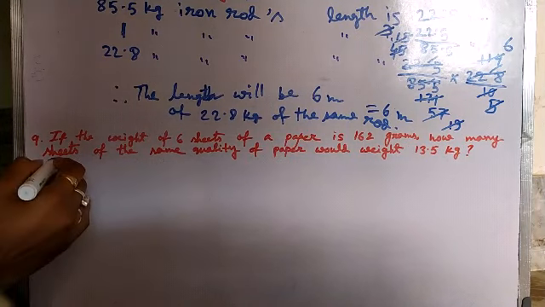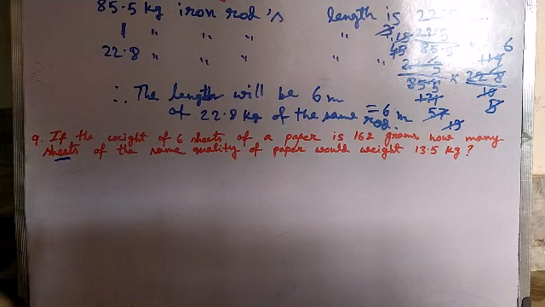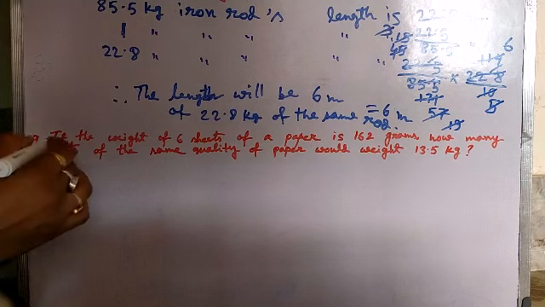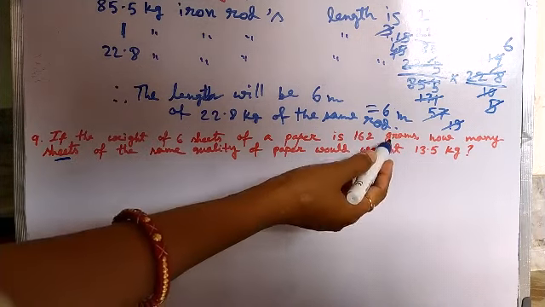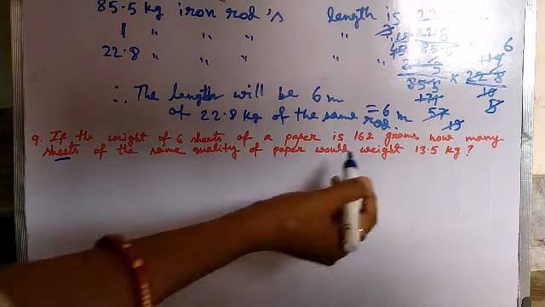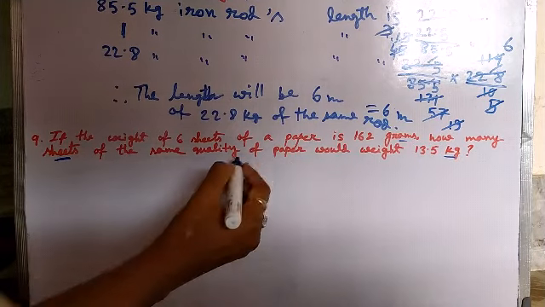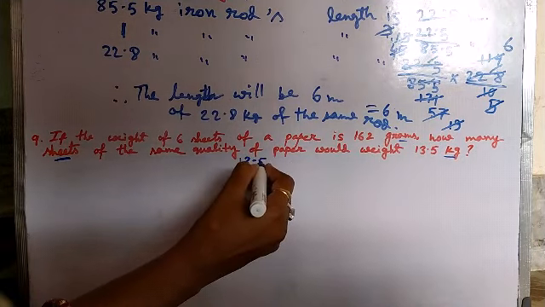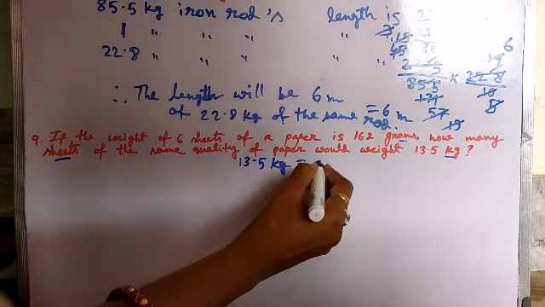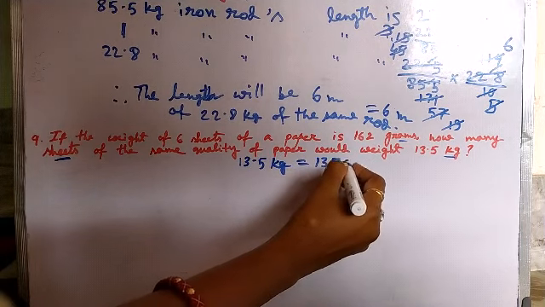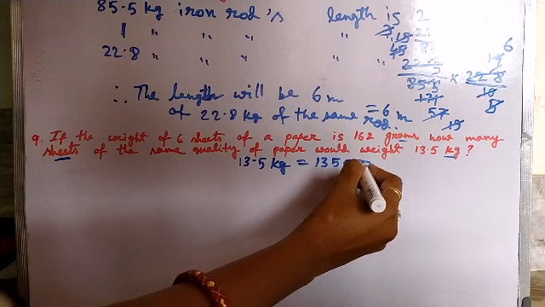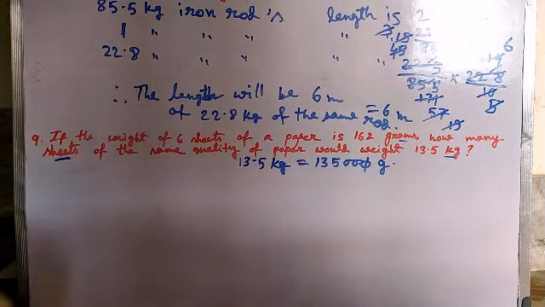That means how many sheets of paper we have to find out. So that will be in the right side. So this weight will be in the left side. Here this is gram and this is kg. So this kg will be transferred into gram. 13.5 kg equal to, that should be transferred first.